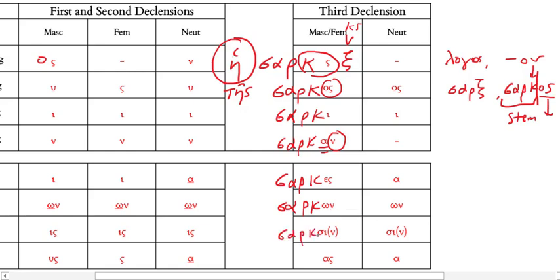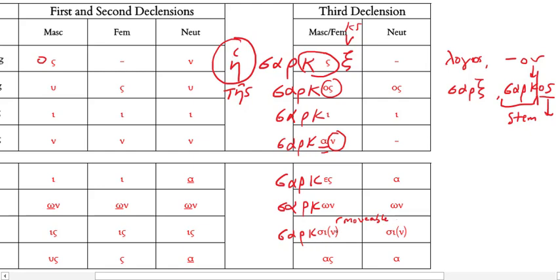Sark plus si, this is the dative plural. Notice that it's the same as the dative plural on the first and second declension, except you've reversed the letters. This was iota sigma. This one is sigma iota. And then the nu here is movable. That means that it could be there, but it might not be there.